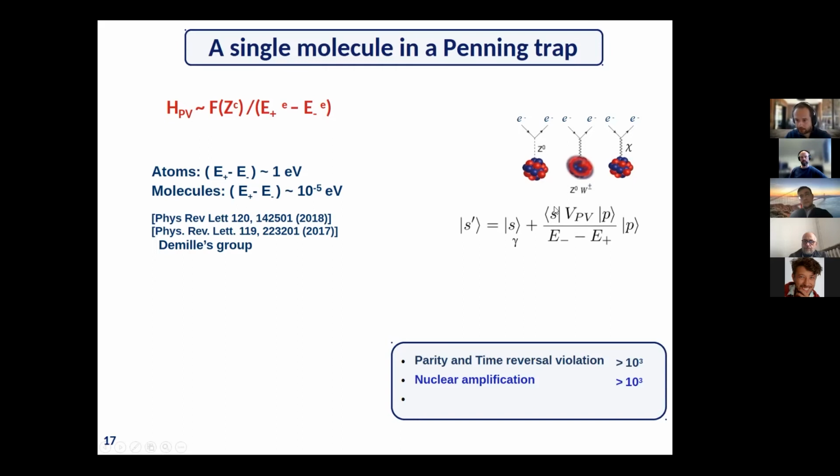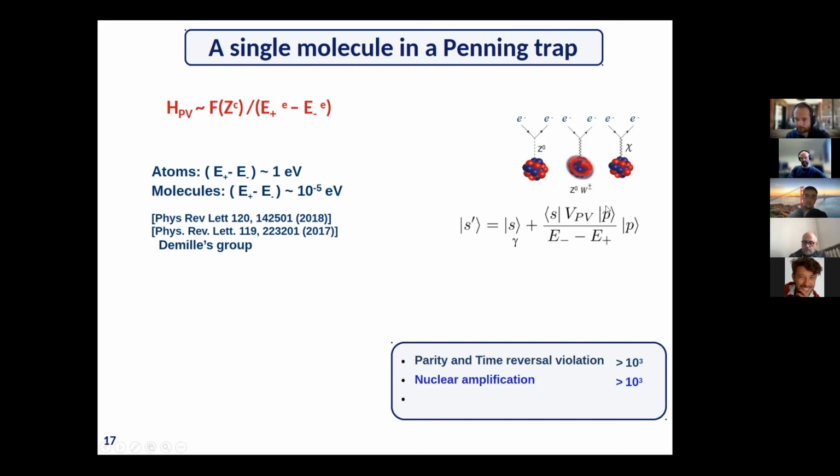And although the numerator is very small, the denominator depends on the energy difference between these states of different parity. In molecules, these are naturally very close, right? In atoms, you can find special cases, but normally in molecules the difference is relatively like 10 to the minus 5 times smaller than in atoms, right?